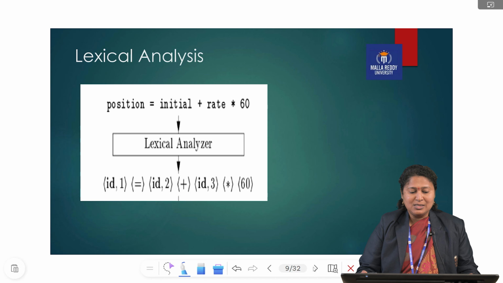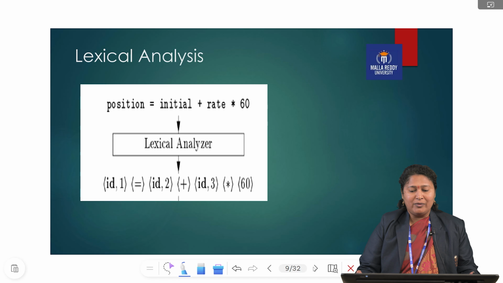First it sees position, and translates that position into ID1 in the symbol table. Initial is an identifier, and it translates that initial into identifier 2 and places it in the symbol table. And rate is another identifier, which it identifies as ID3 and places in the symbol table.